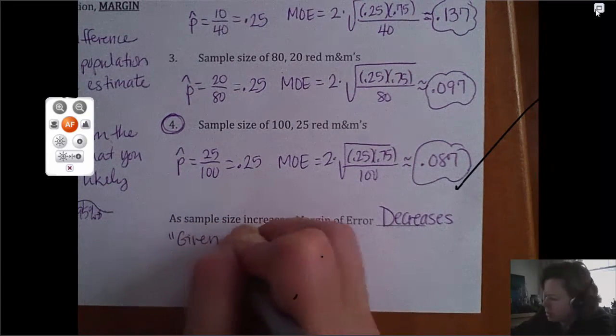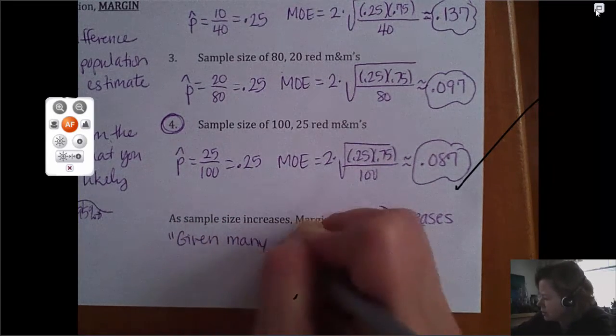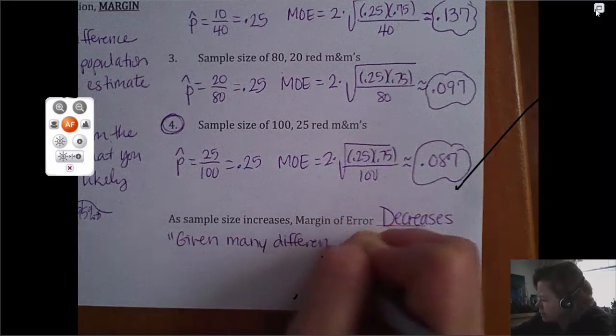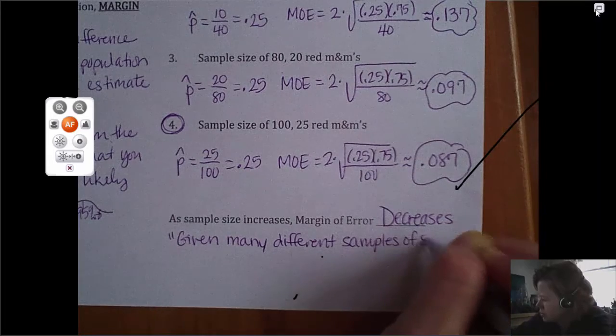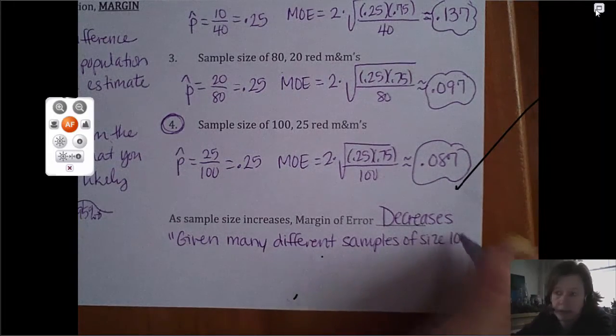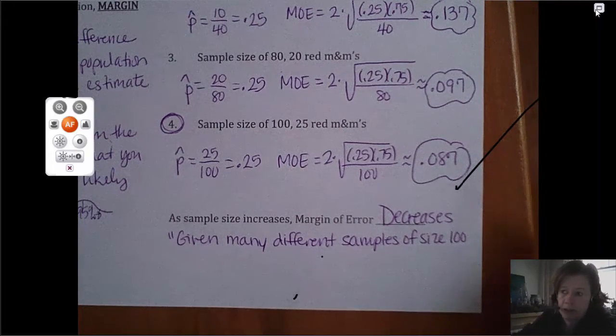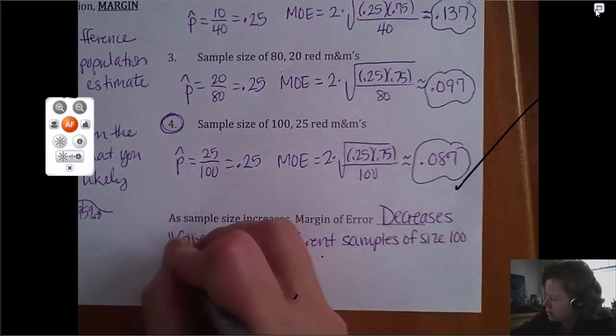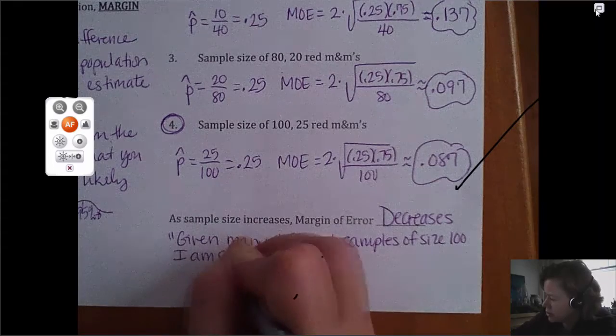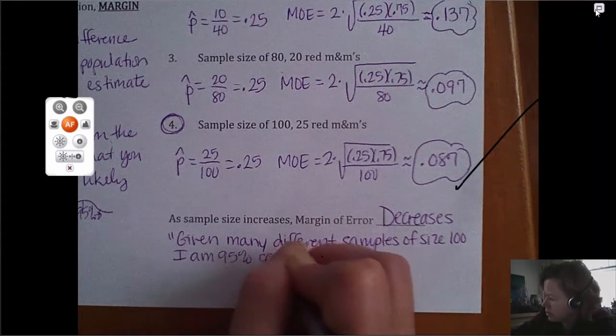Given many different samples of size 100. So if I took lots and lots of samples of M&Ms and each sample had 100 in it, I am 95% confident. Why 95%?